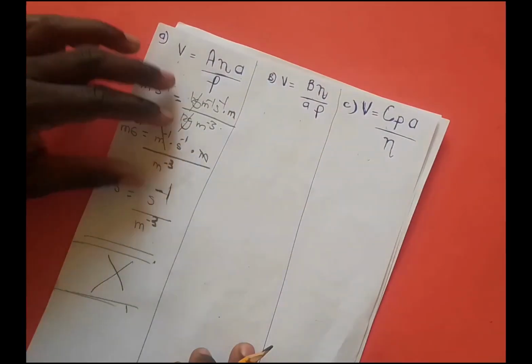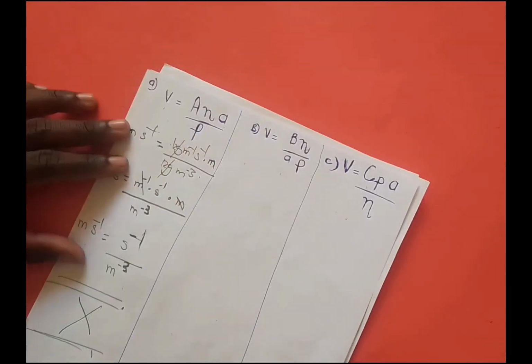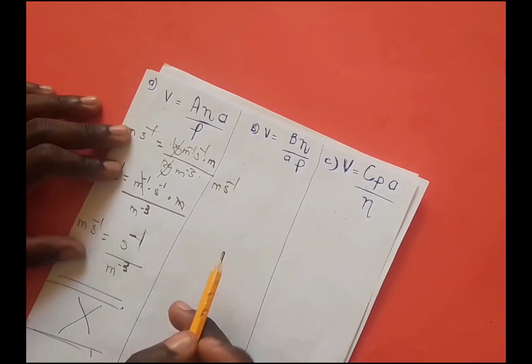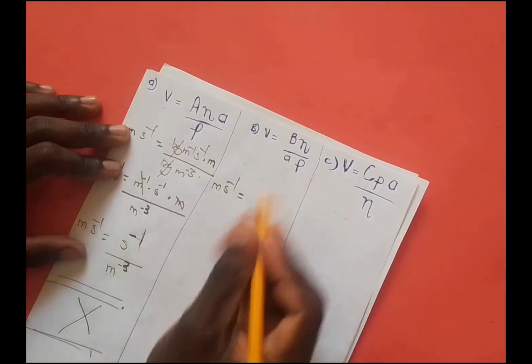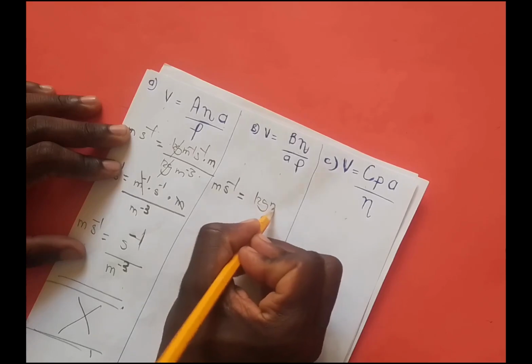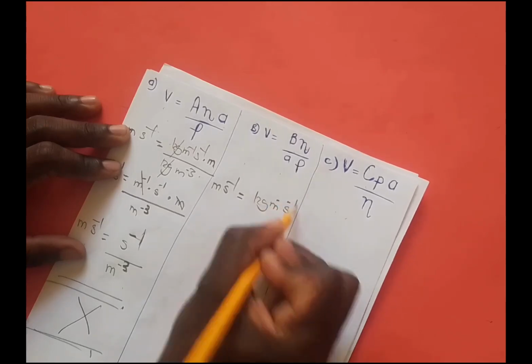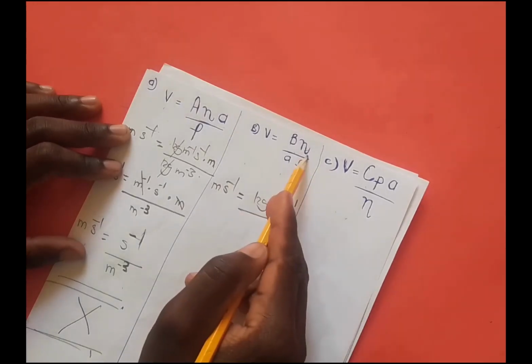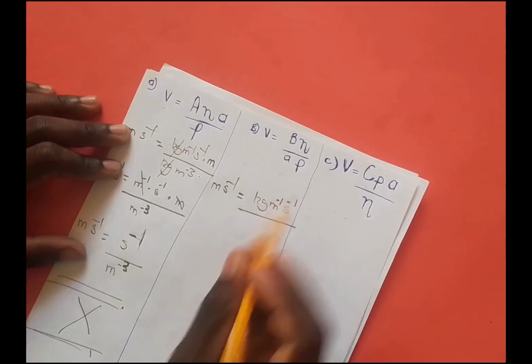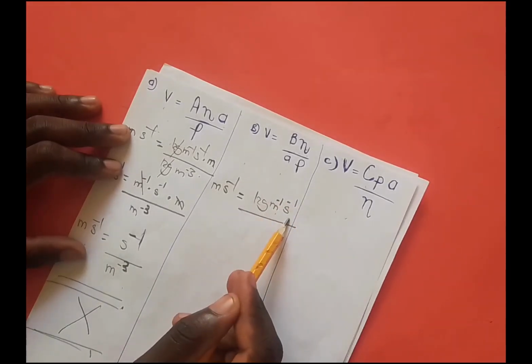In equation B, we have v, the velocity. Again, the unit for velocity is meter per second. Then we have meter per second equal to b, a constant, nil, kg per meter per second. Nil is viscosity. The base unit for viscosity is kg per meter per second, right?